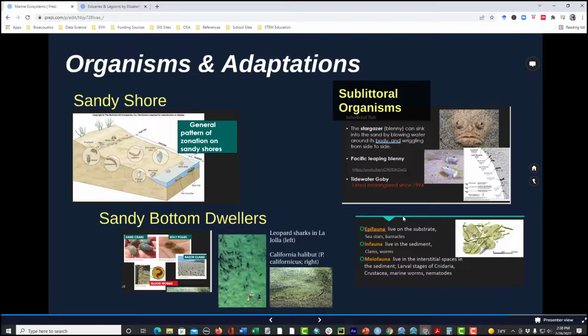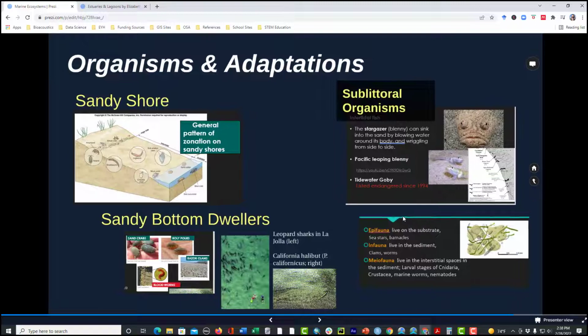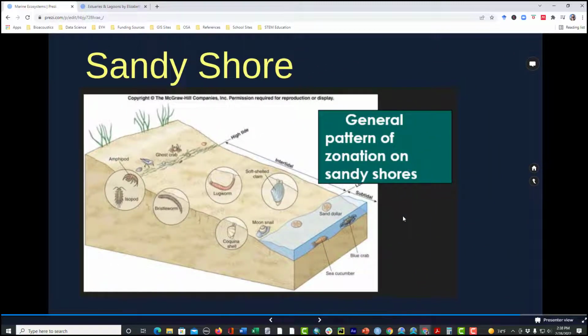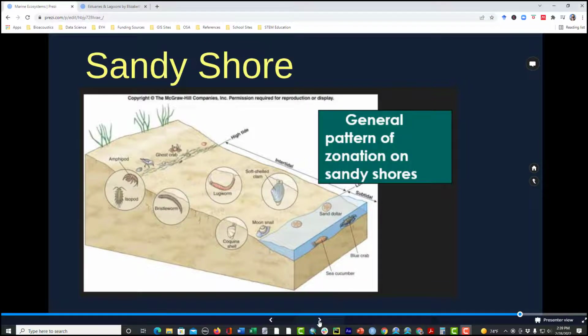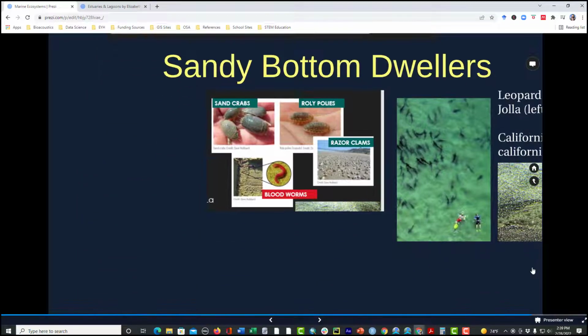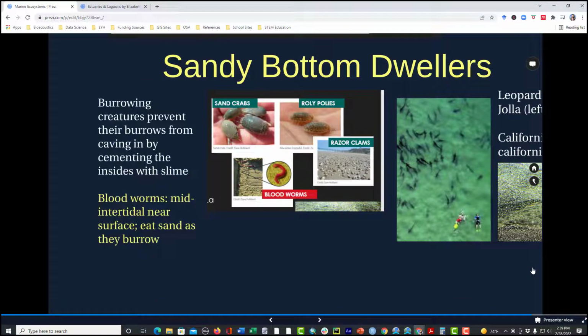Now there are several organisms that can successfully live within these habitats, as you can imagine. Within the sandy shore, there are, again, general patterns of zonation, and that is going to host a variety of different organisms in the different vertical sections of the sandy shore. The sandy bottom dwellers are going to consist of organisms such as sand crabs, roly-polies, razor clams, and bloodworms.